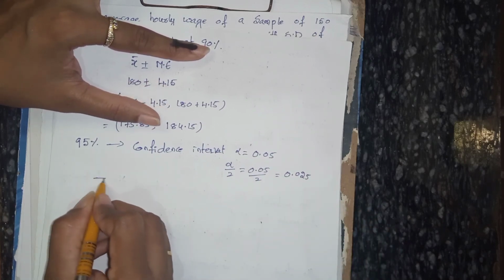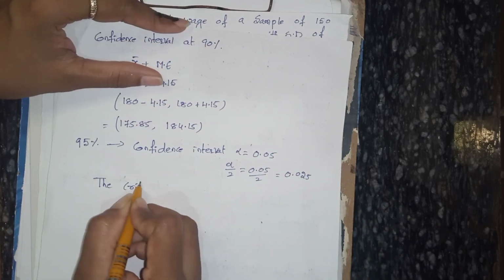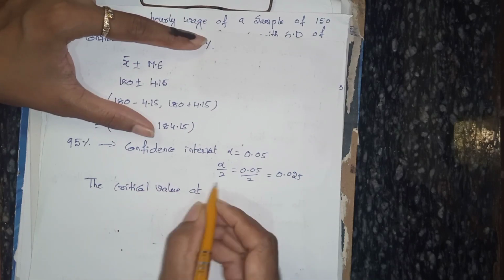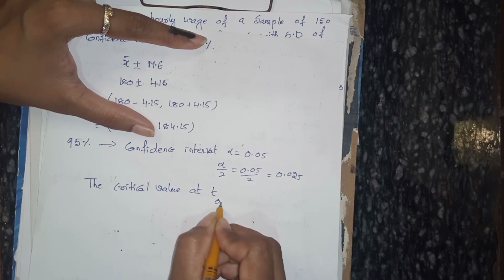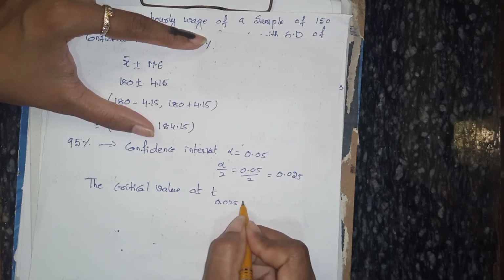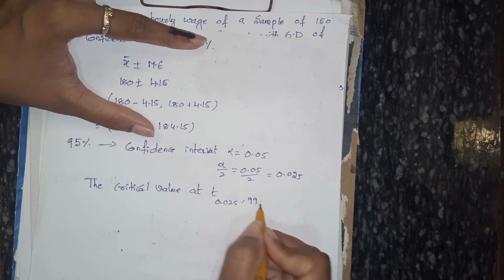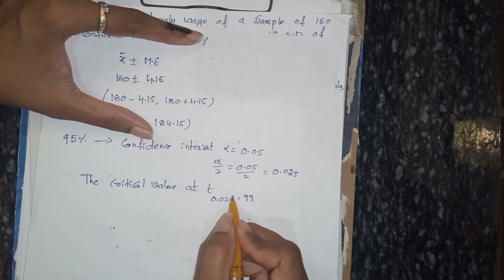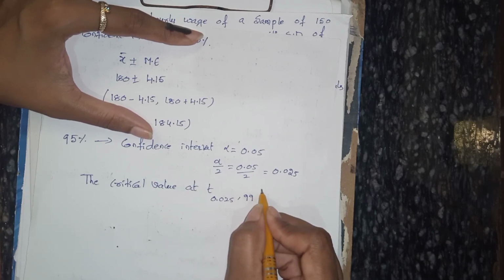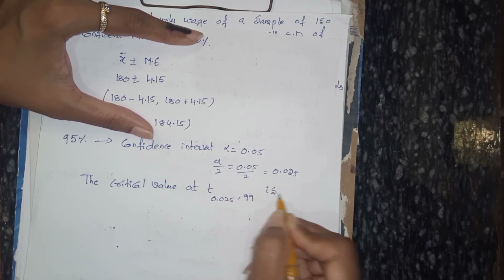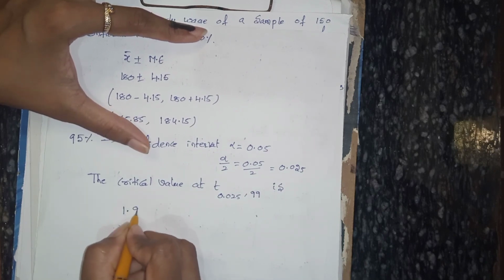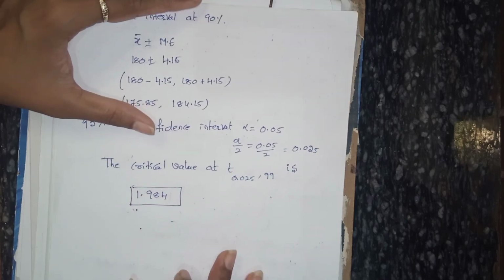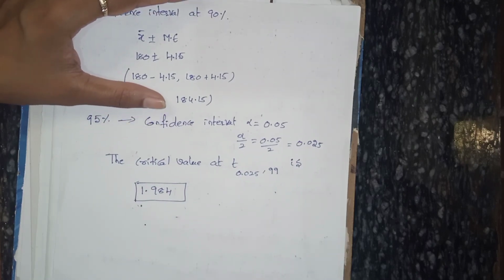So the critical value at t 0.025 level of significance, with n minus 1, that means 100 minus 1, so 99 degrees of freedom, is 1.984. This is the table value, critical value or table value, we can say both are the same.